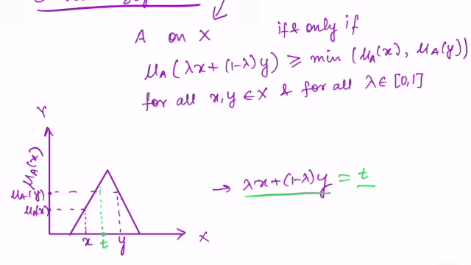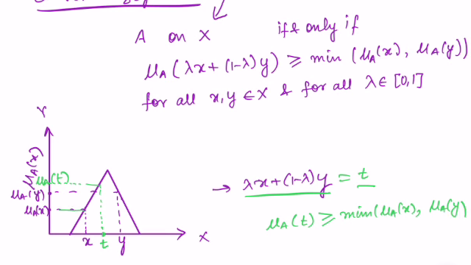And if we take here, this will be mu A T. So we can always see that the membership grade of T is always greater than or equal to the minimum of these two membership grades.